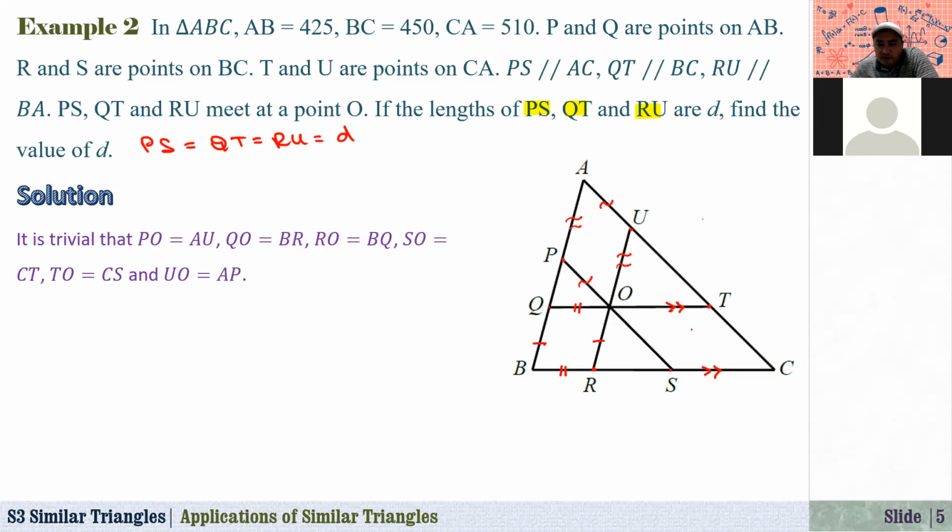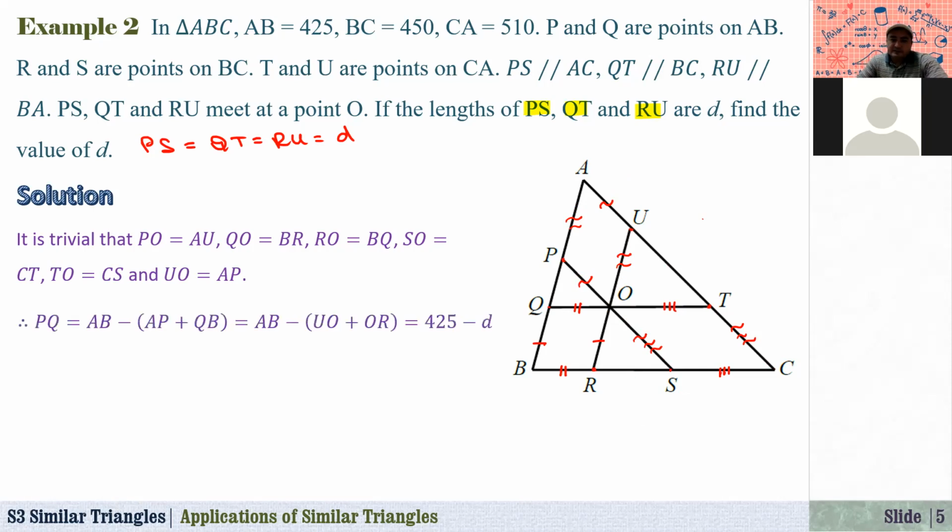And in a similar way, OSCT is also a parallelogram. So OT is equal to SC, and the sides marked 1, 2, 3 are equal to each other. All of them are parallelograms.